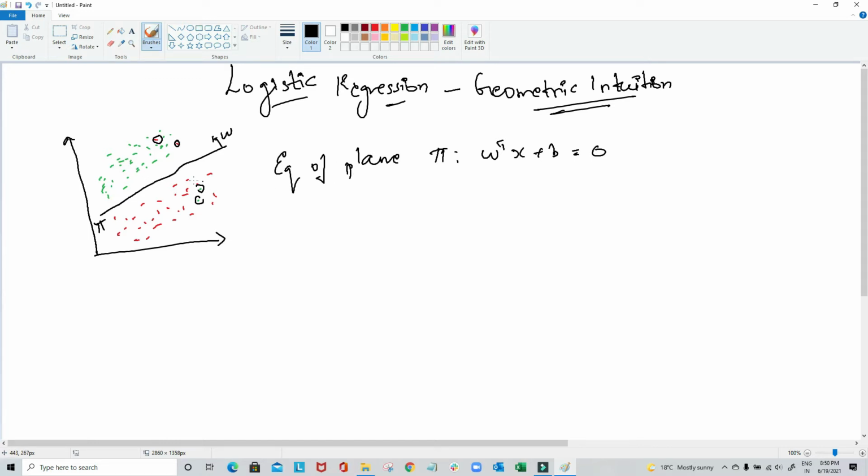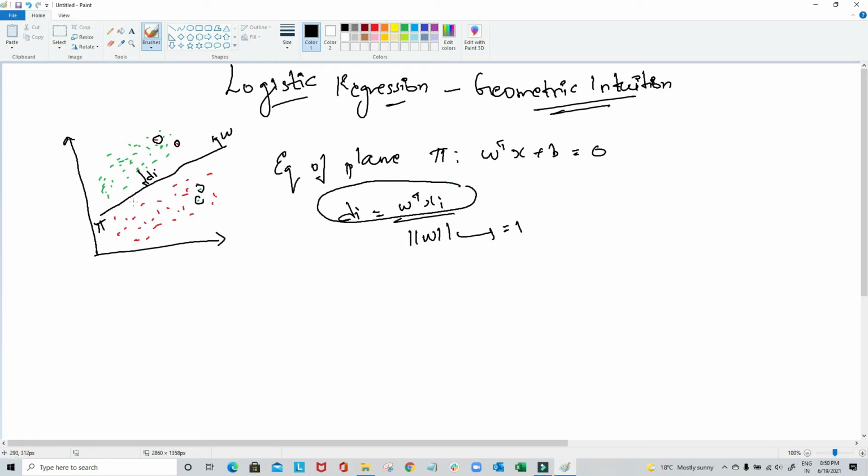Imagine we have a point here, xi, and let the distance of this point from this hyperplane be di. Then this distance di can be found by this equation, and this is a unit vector. So the distance of a positive point from the hyperplane is calculated like this.